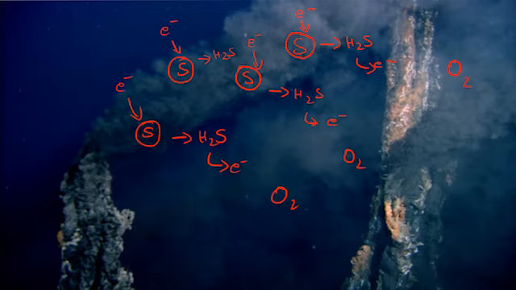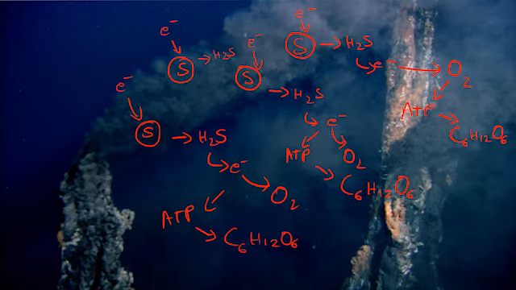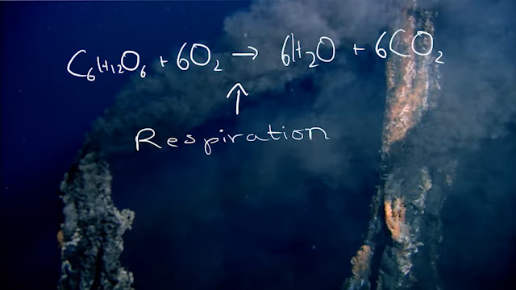The oxygen they get from the water is used as the electron acceptor, and just like in the chloroplast of a plant, the electron produces ATP, which is used to convert carbon dioxide into organic substrates such as glucose. The crystallized elemental sulfur found in the trophosome earlier was only the byproduct of this reaction. And as we all know, glucose and oxygen is equal to water and carbon dioxide.